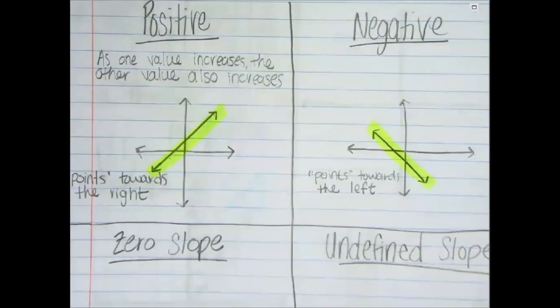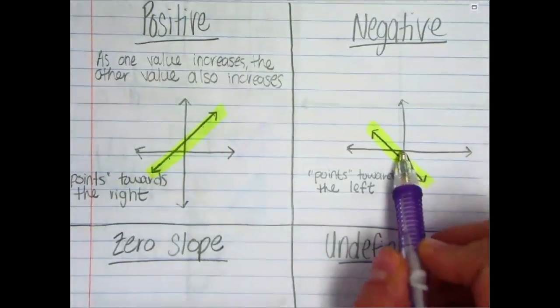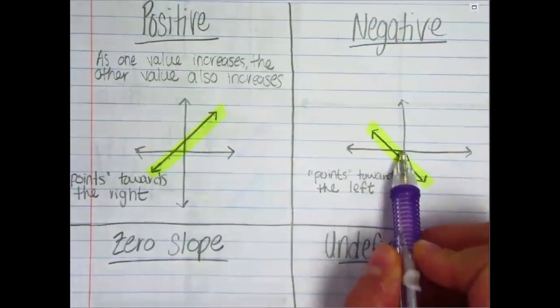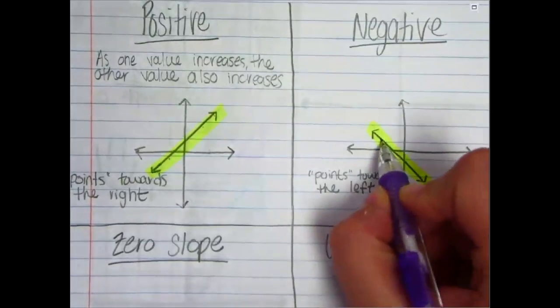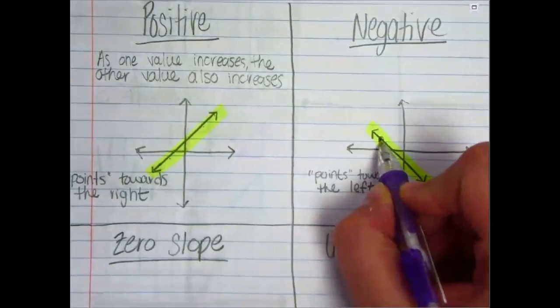If we wanted to come up with some kind of definition of what negative slope is, I always graph things x first, y second. So let's take a look at this. Let's say I want to graph this point right here.